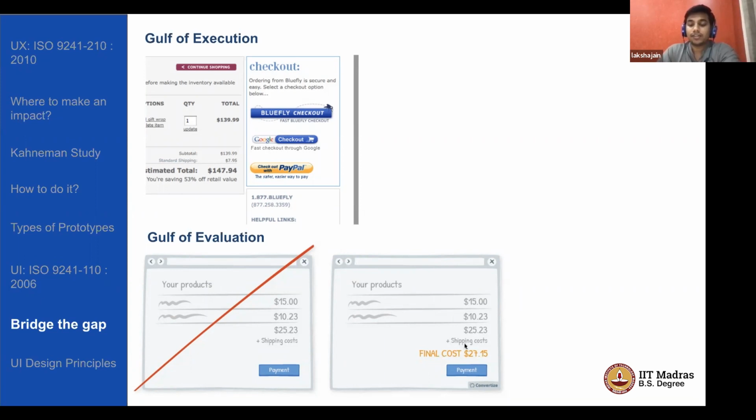Because the system is trying to convey it in terms of words, but the user would be expecting some digit to be displayed over here, so that there is easy messaging and people can easily evaluate what is that final delta which comes out as a shipment cost. So that is the gulf of evaluation.